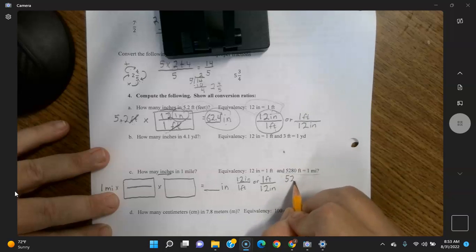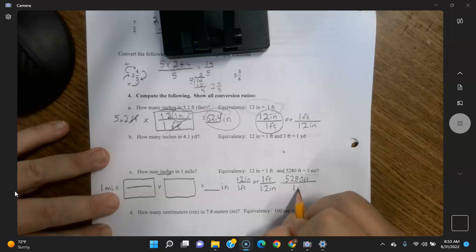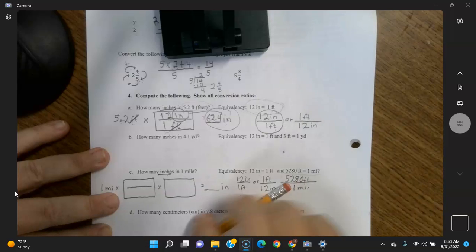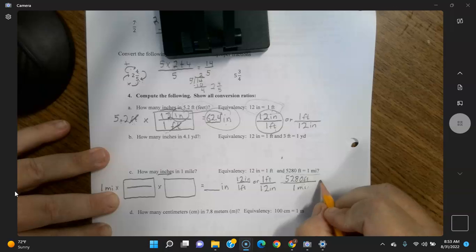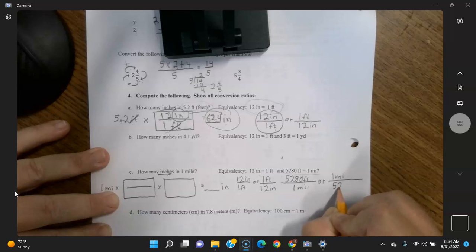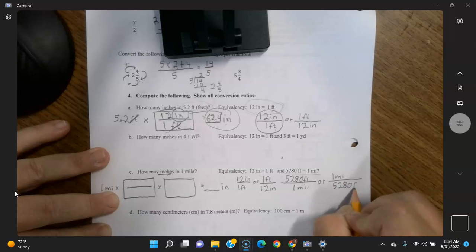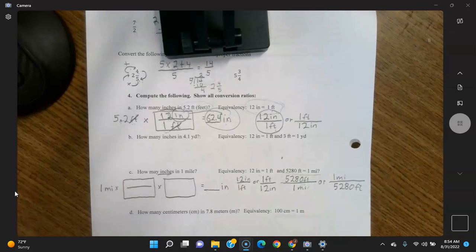There's 5,280 feet for every 1 mile. That's a true statement. 1 mile, just leave this MI. Or there's 1 mile for every 5,280 feet. So you have 1, 2, 3, 4 conversion factors.